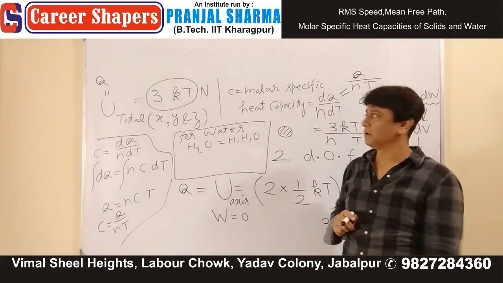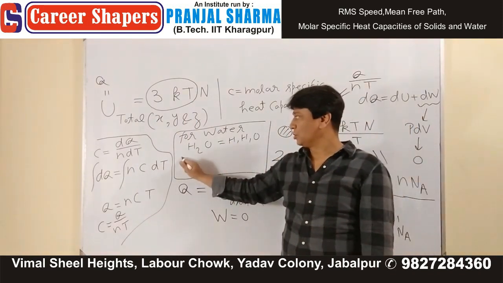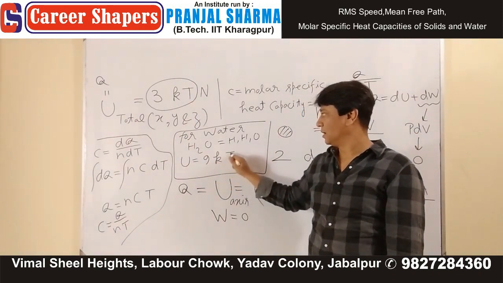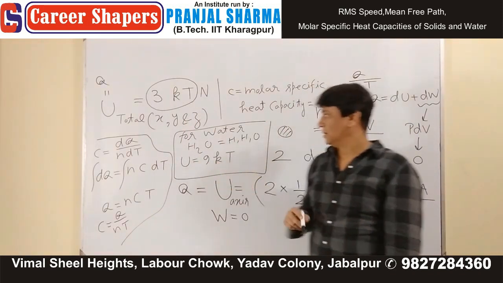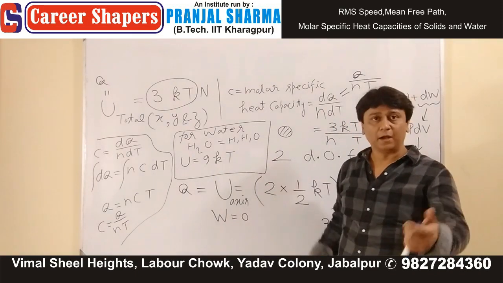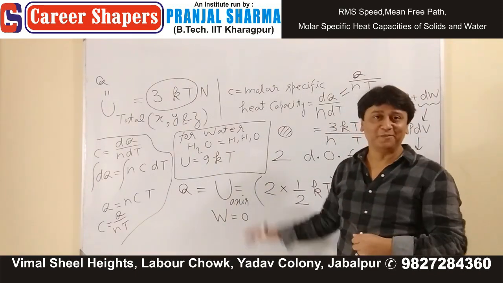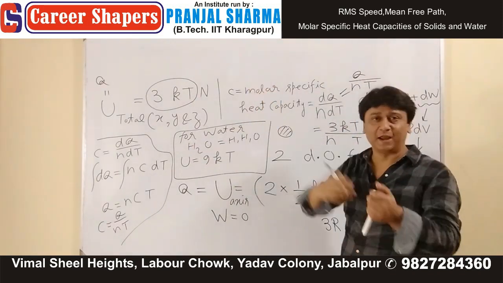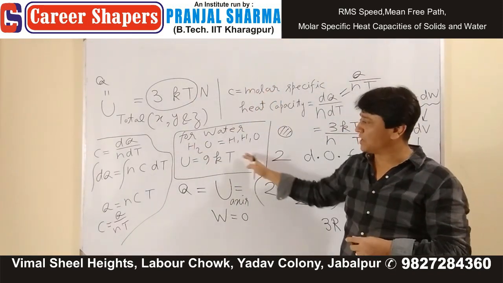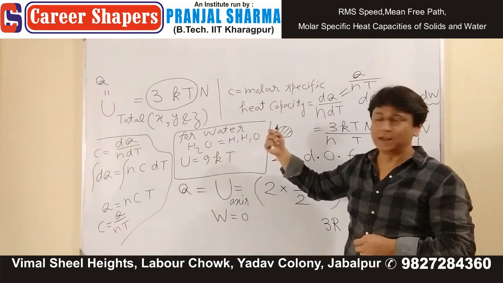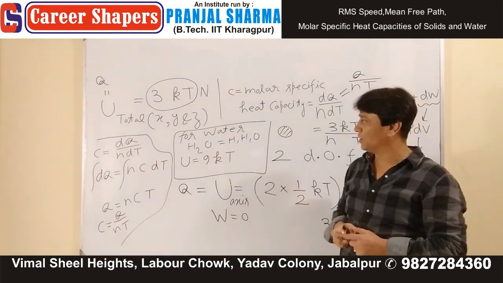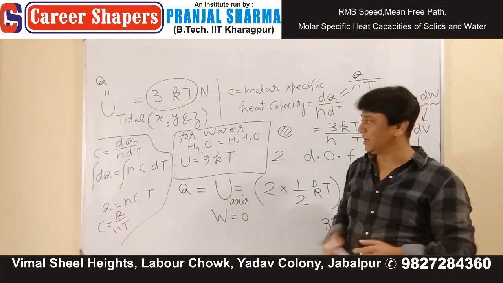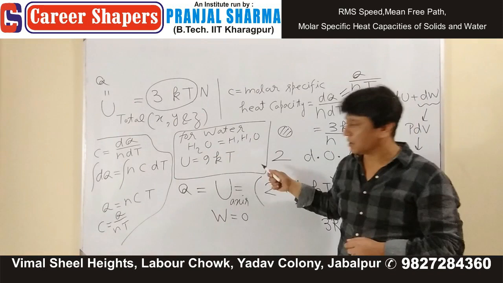There are 3 atoms. So we say that U will be 9 kT. Again, fundamentally, just a link was being made. Values finally, the experimental observation and the observations coming from KTG, they are all matching up, and therefore we study these things, but more fundamentally we do not use these things.